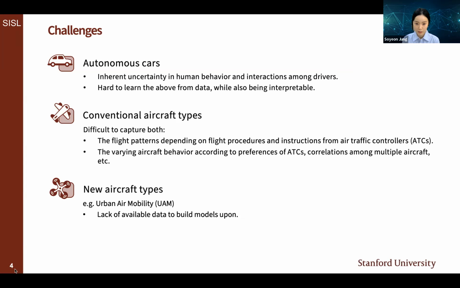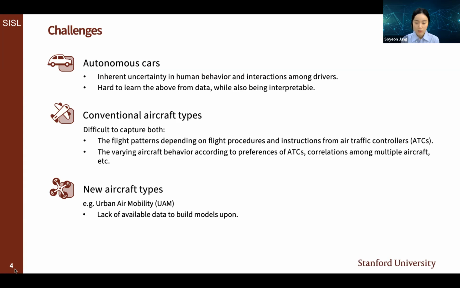For the conventional types of aircraft, trajectories are heavily reliant on the structural information represented by the flight procedures and the instructions from the air traffic controllers. However, in dense airspace, aircraft behavior may vary according to preferences of the controllers and the correlations among multiple aircraft.